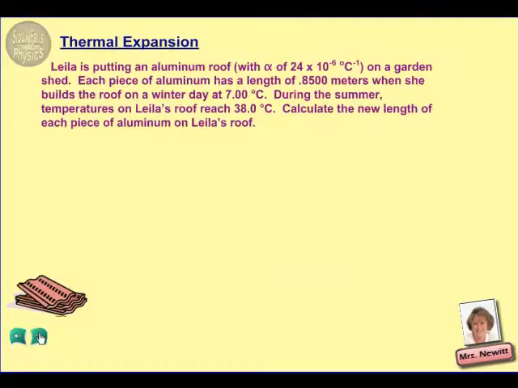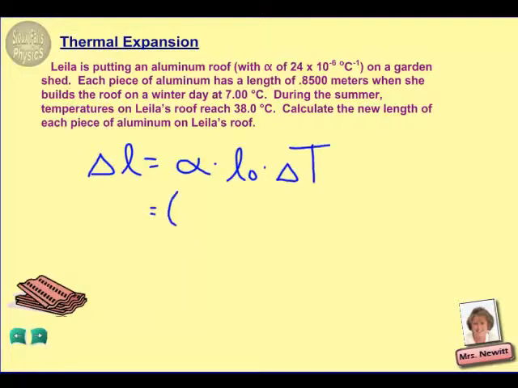So first of all, our linear expansion equation is quite simply the coefficient multiplied times the initial length times the change in temperature. Our coefficient is given as 24 times 10 to the negative 6th, and again that's degrees Celsius to the negative 1st.